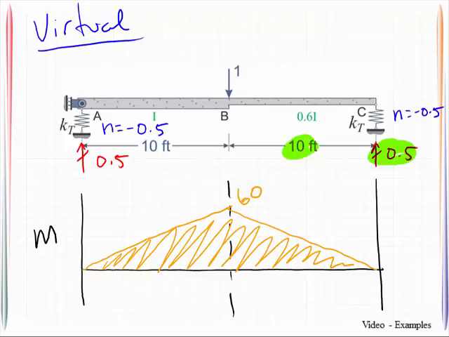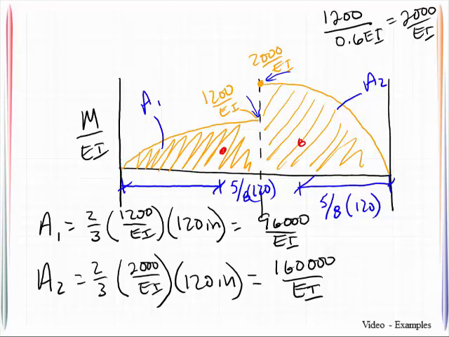What we are going to need on this is we need to know what the value of little m is when we come over here a distance of 5/8 of this 120. So just coming back here, make sure we know what it is we're referring to.